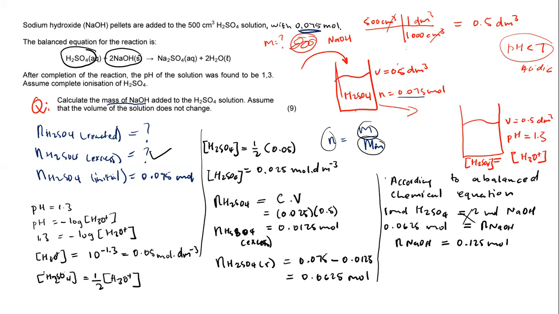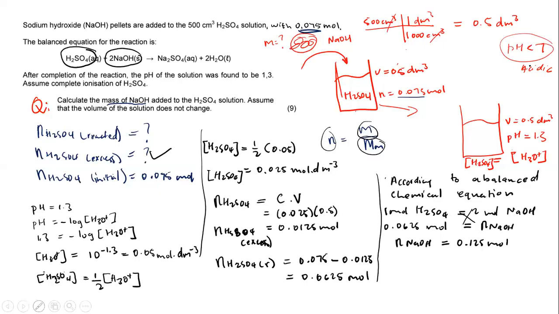Let me manipulate this formula first. We make mass the subject of the formula, which is equal to number of moles multiplied by molar mass. Now, what is the mass of sodium hydroxide? The number of moles of sodium hydroxide is 0.125, and then what is the molar mass of sodium hydroxide using our periodic table?